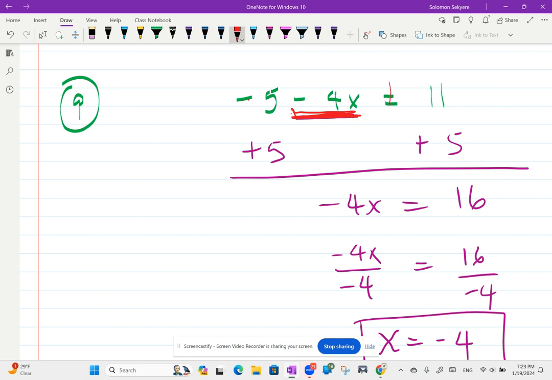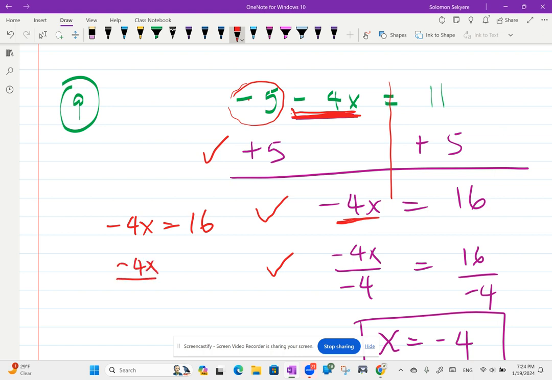Again, be careful with this step. When I get rid of this negative 5, what is left? Negative 4x is what is left. So now I have negative 4x is equal to 16. Then I get rid of my coefficient.